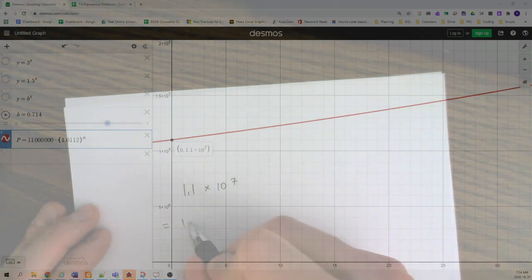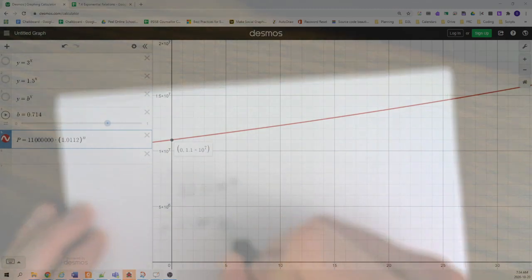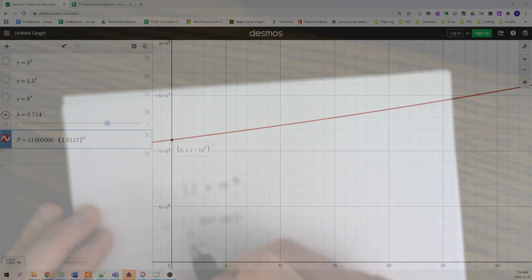So that's 1.1 multiplied by 10 to the power of 7, so 1, 2, 3, 4, 5, 6, 7 zeros.